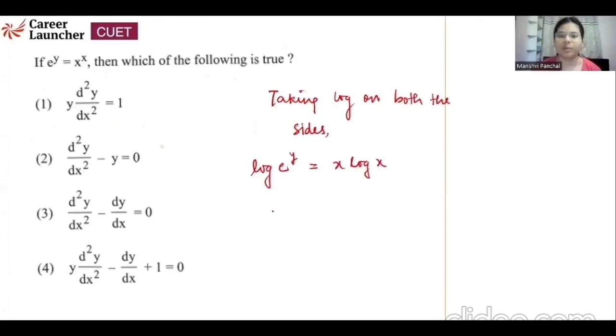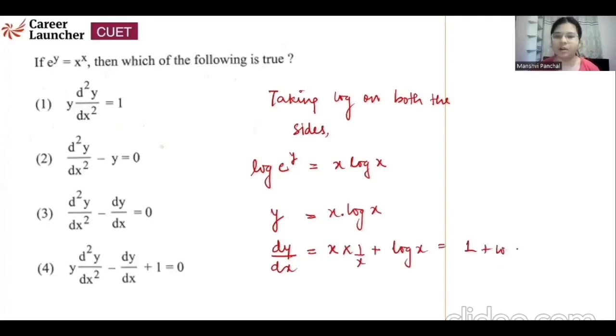Right? Log e raised to the power y is y only. So y equals x log x. Now we will differentiate with respect to x. So dy by dx will be x into log x, it means first x into 1 by x plus log of x, so 1 plus log x. Right? Okay, so dy by dx is this.